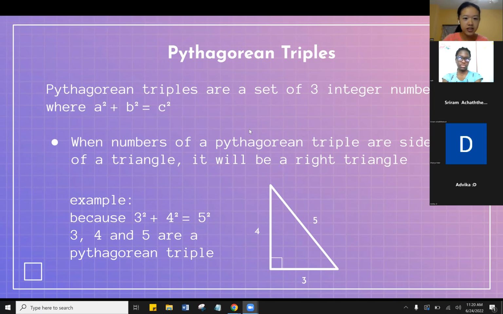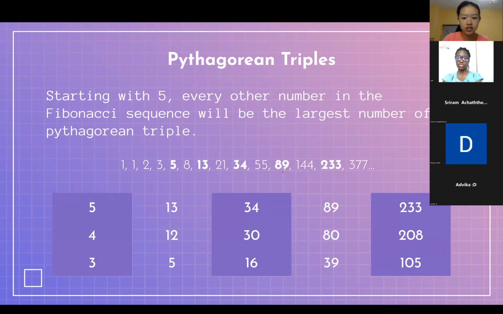And the thing is, if you start with 5 in the Fibonacci sequence, every other number will be the largest number of a Pythagorean triple.